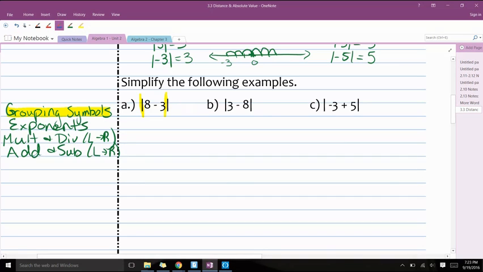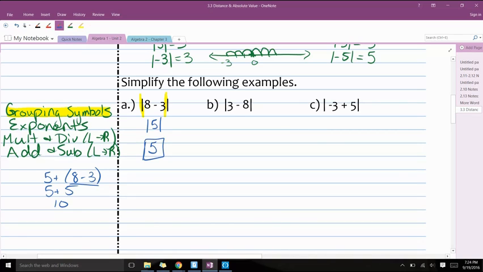Just like if I was simplifying 5 plus grouping symbols 8 minus 3, we would take care of those grouping symbols first, right? We would do 8 minus 3, and then add it to the 5 to get 10. So here you always do what's inside the grouping symbols first and then actually evaluate that. So here we would do 8 minus 3, which is 5, and the absolute value of 5 is 5.